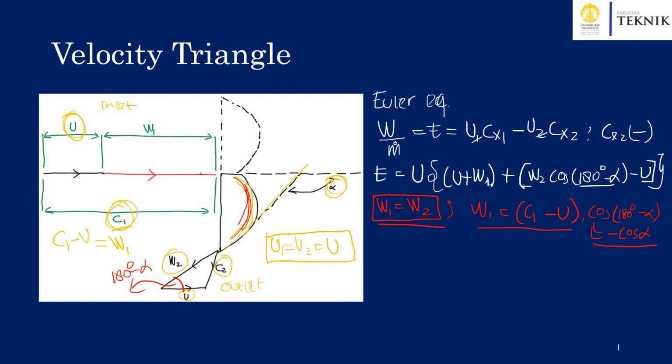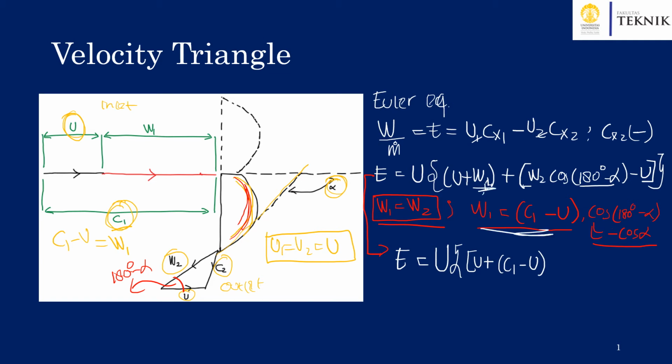With these three assumptions, we can rewrite these equations as E equal to U multiplied with U plus C1 minus U, from W1 here.